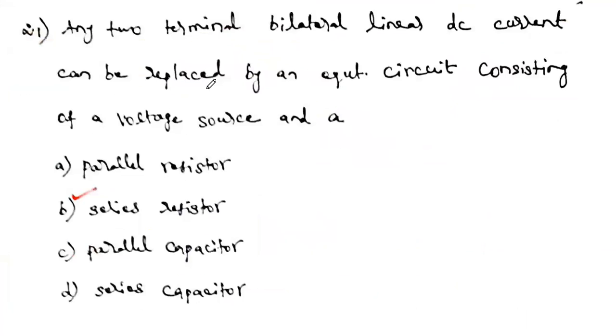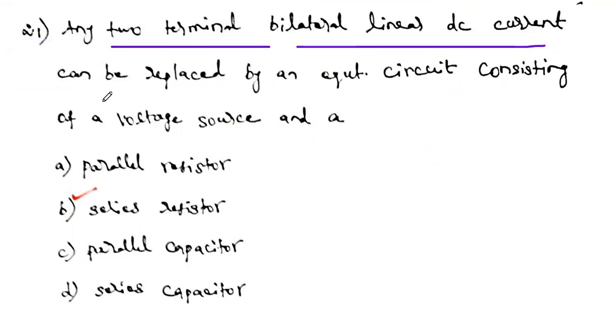Okay, and the next question: any two terminal bilateral linear DC circuit can be replaced by an equivalent circuit consisting of a voltage source and a dash. The options are parallel resistor, series resistor, parallel capacitor, series capacitor.